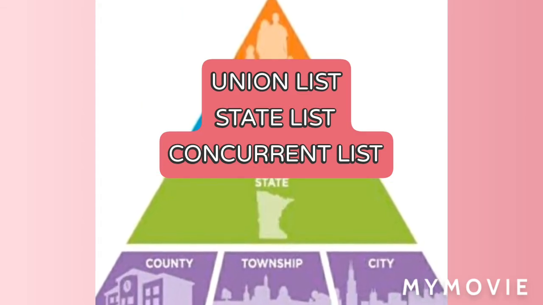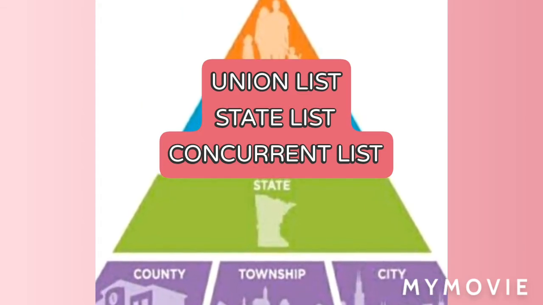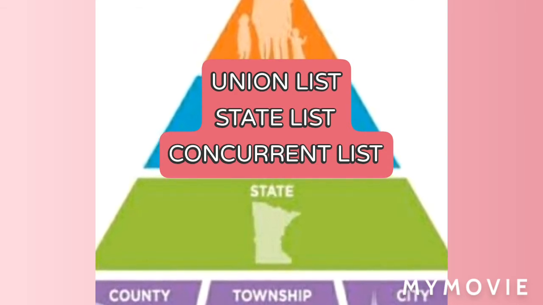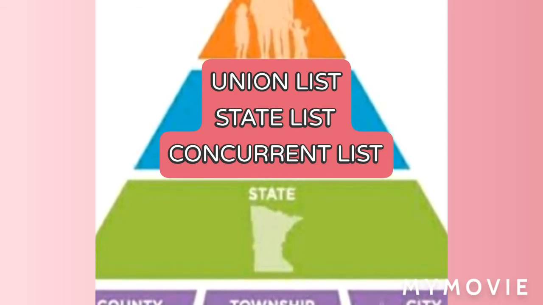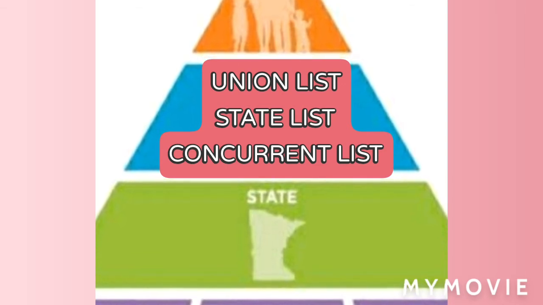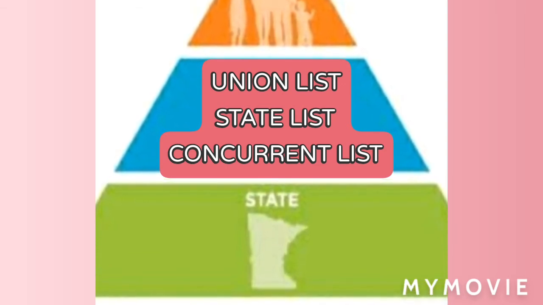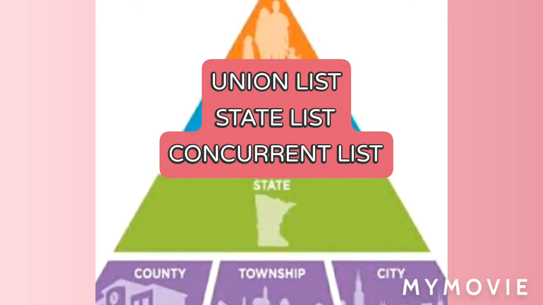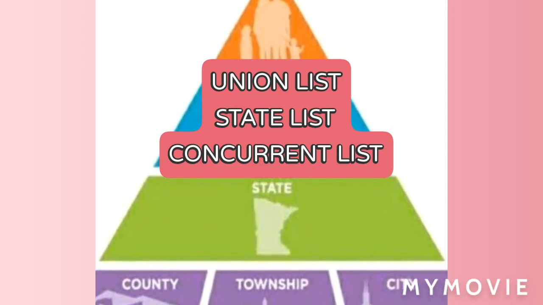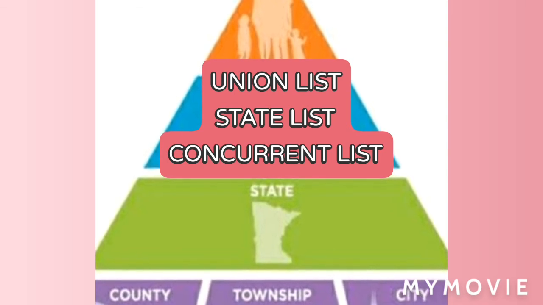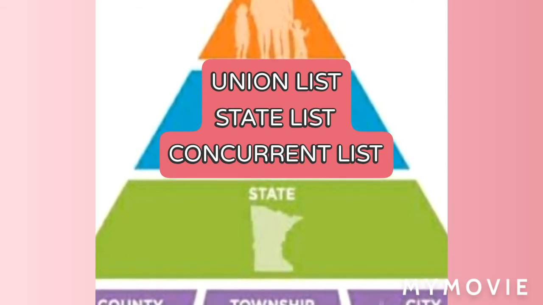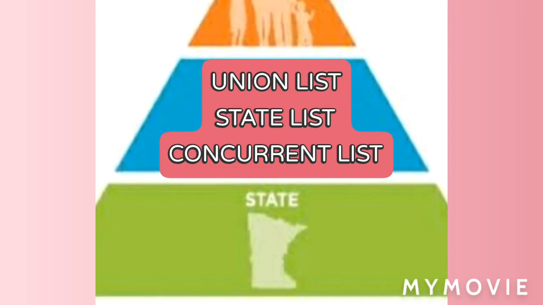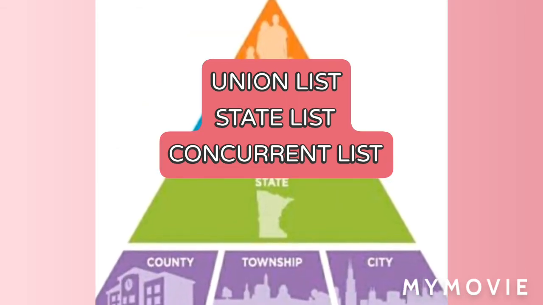The Constitution contains lists that detail the issues that each tier of government can make laws on. For example, in the Union list of the Indian Constitution, the subjects of national importance are mentioned on which the national government can make laws, whereas in the state list, the subjects of state importance are mentioned on which only the state government can make laws.